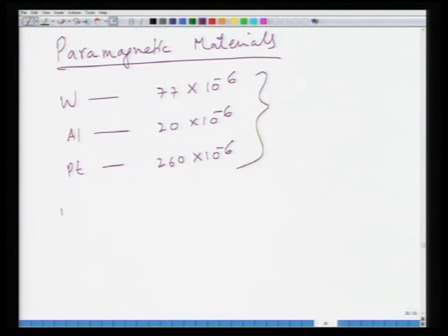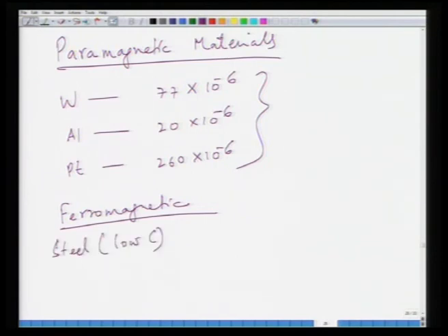Similarly, if you look at ferromagnetic materials, then you have of course steel, and you can say low carbon steel, and this has values exceeding 5 into 10 to the power 3 or 5000.